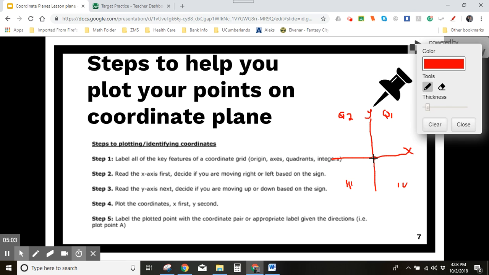That will help you, since that's where I have to start every time. Step 2 is to read your x-axis first, moving left or right from the origin. Then read your y-axis, moving up or down based on the sign. And then plot your point and label that point accordingly.